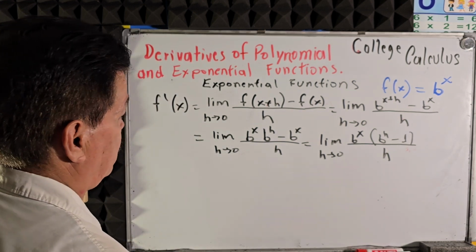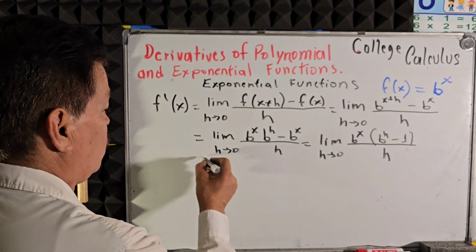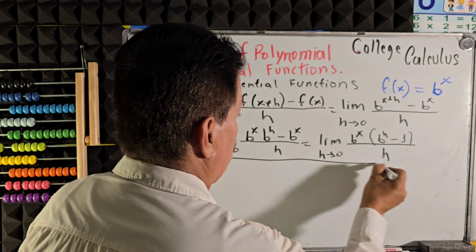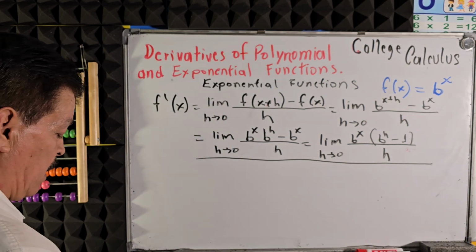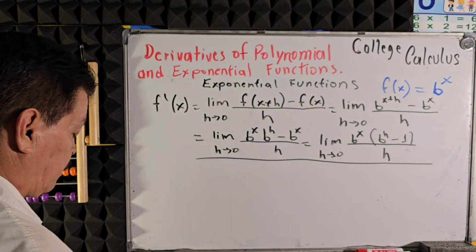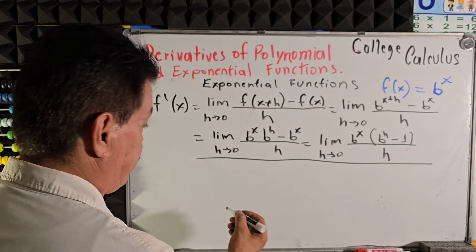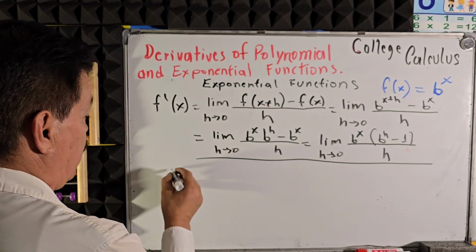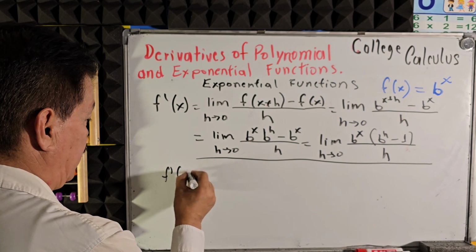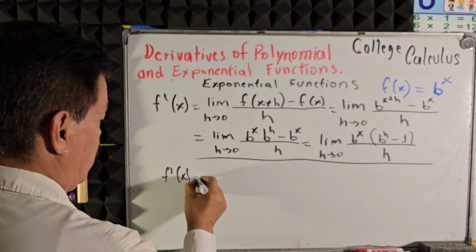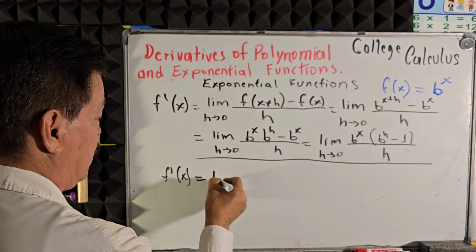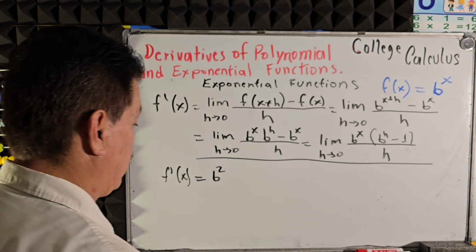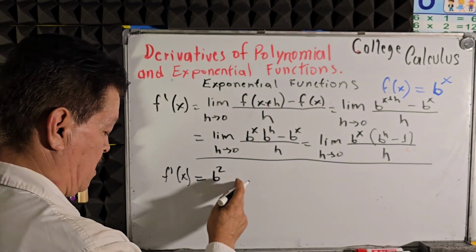So by way of conclusion, some little change right here. We will have f prime of x equals, for instance, b to the second power. Let's write it like this now with the number.